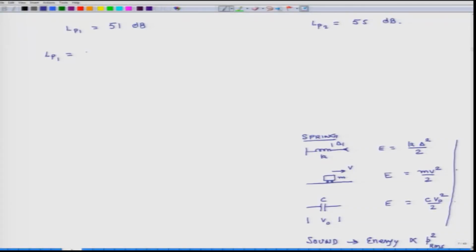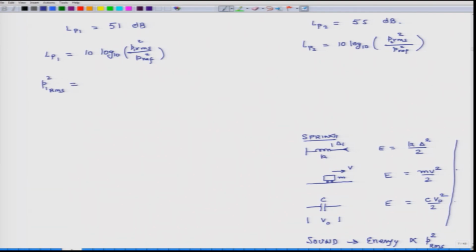So, LP1 equals 10 log 10 of P RMS square divided by P ref square, and LP2 is equal to 10 log 10 of P RMS square divided by P reference square.